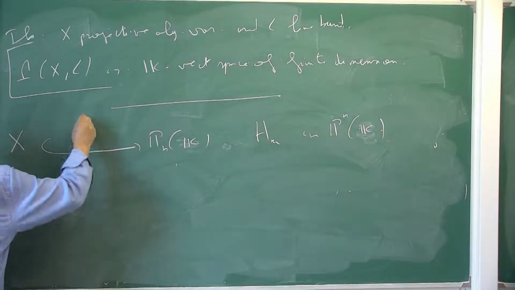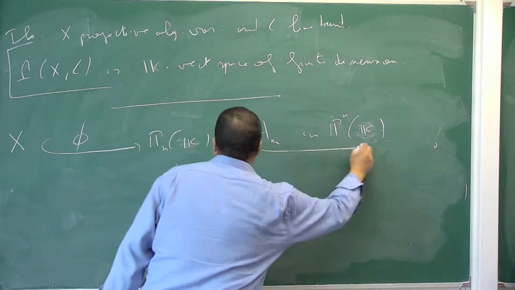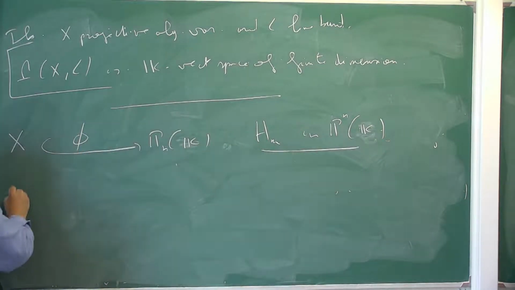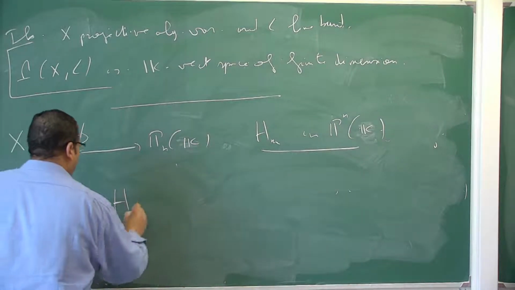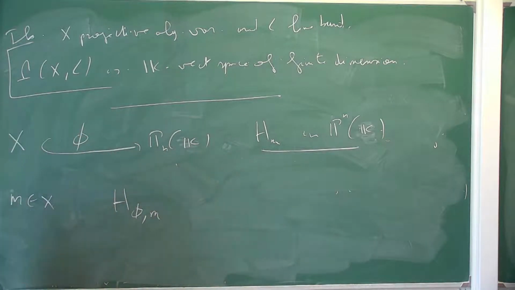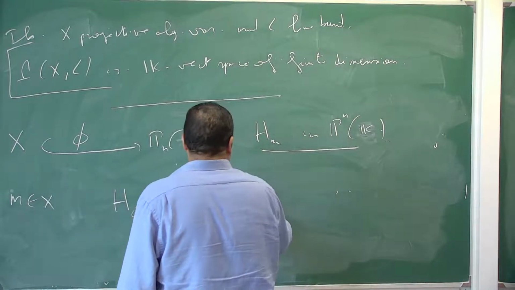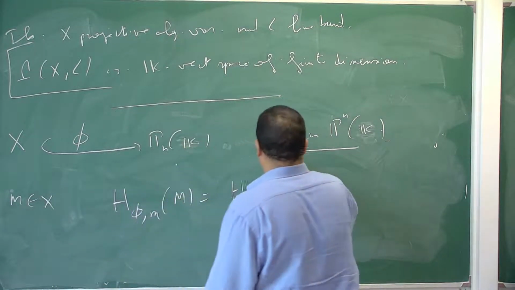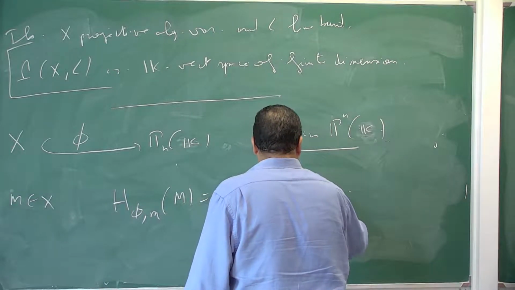So for m in X, I can construct some height defined by this embedding and also by this adelic metric, and the height of the point m will be the adelic height of the image of m by φ.